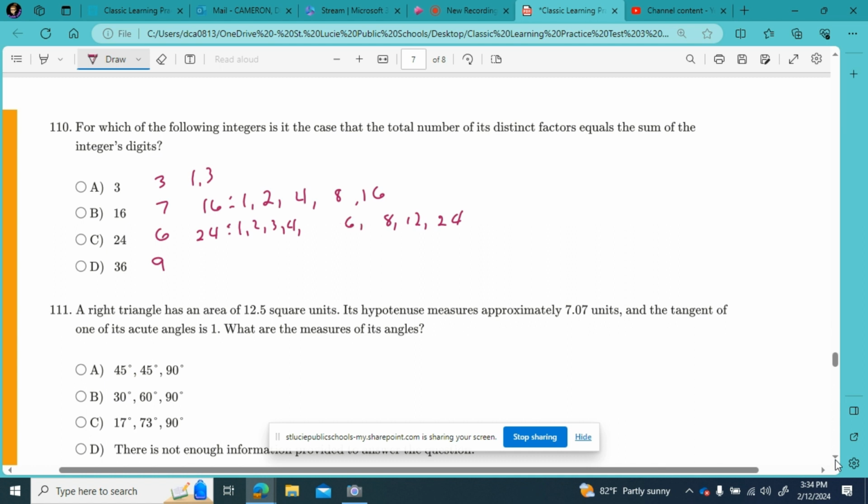You have 1, 2, 3, 4, 5, 6, 7, 8 of them, not 6. So we've got to go all the way to the last one. Our factors of 36, you have 1 times 36, 2 times 18, 3 times 12, 4 times 9, and 6 times 6. We have 1, 2, 3, 4, 5, 6, 7, 8, 9 of them.